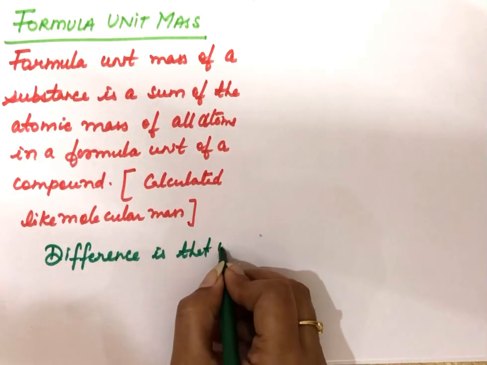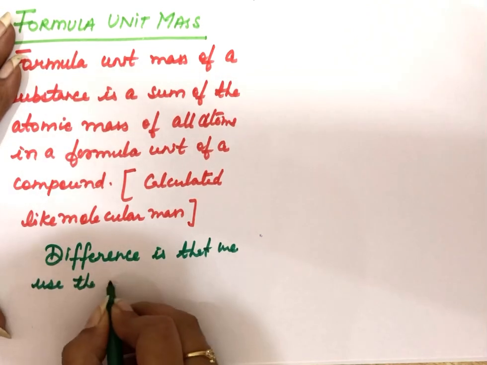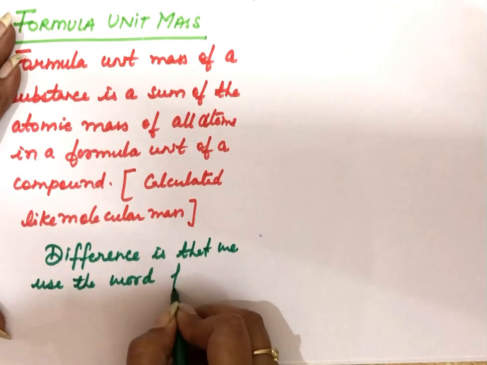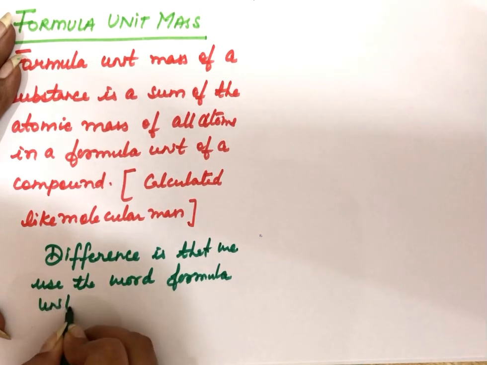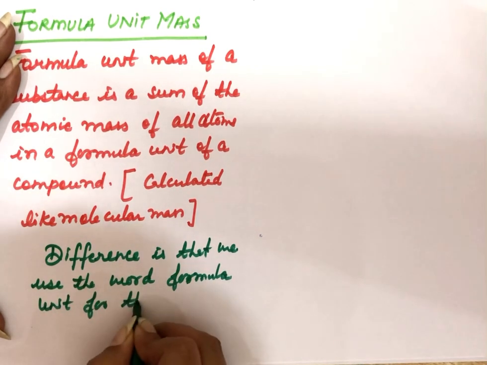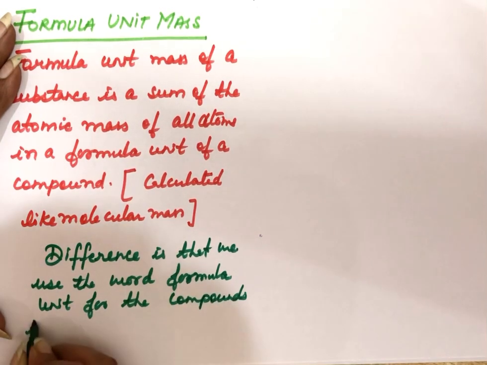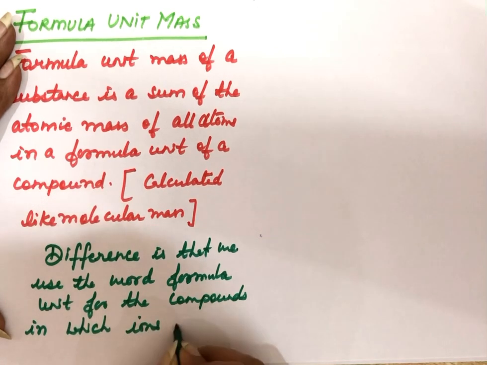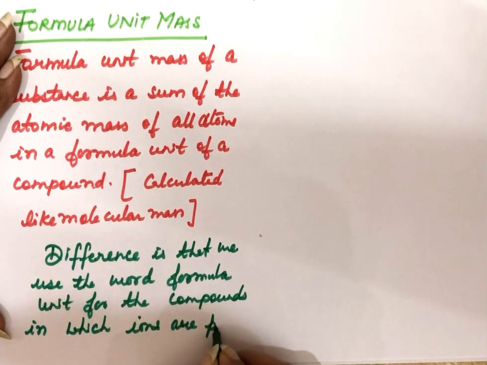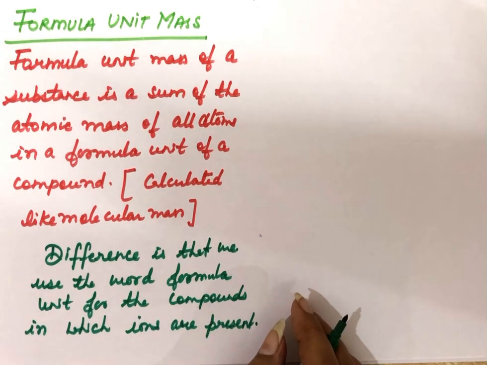So difference is that we use the word formula unit for the compounds in which ions are present. So these are actually ionic compounds where molecules are not present, where ions are present.